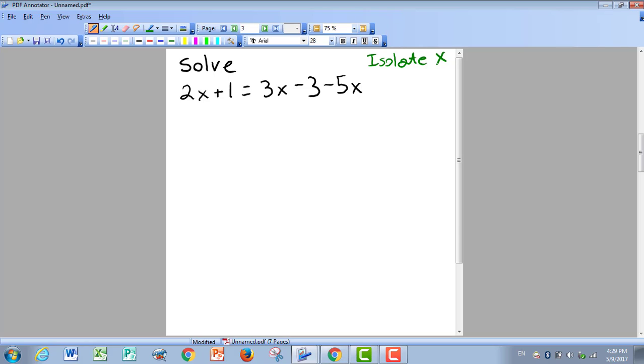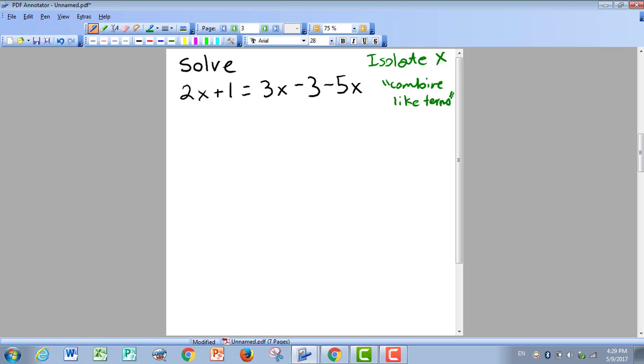The very first thing I'm going to do is see if I can combine any like terms on either side before we go into the other steps of solving equations. So my first thing is to combine like terms. On the left, 2x plus 1, those are not like terms. I can't combine anything there.